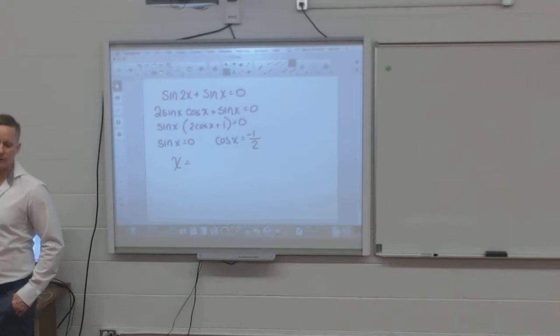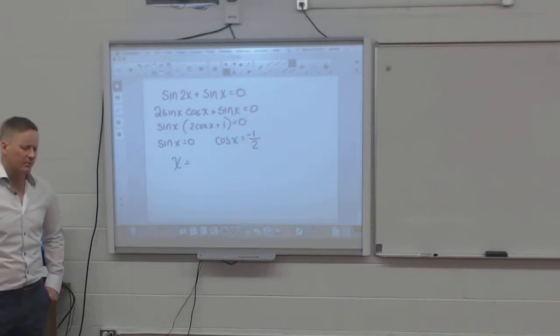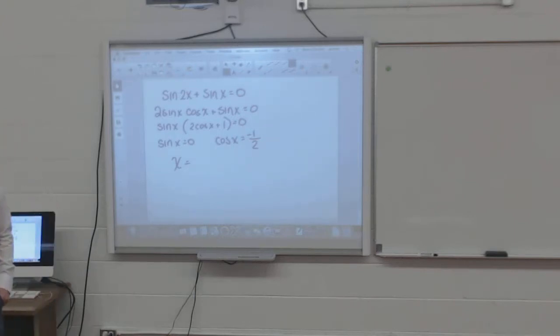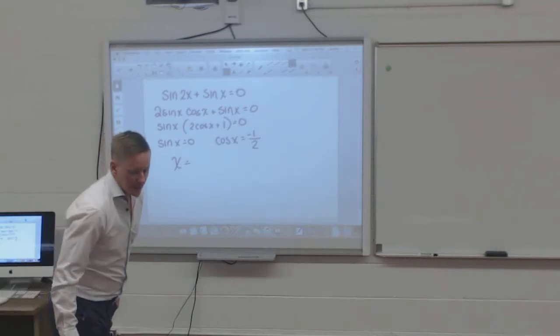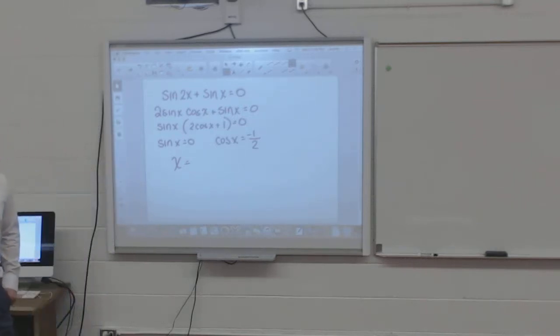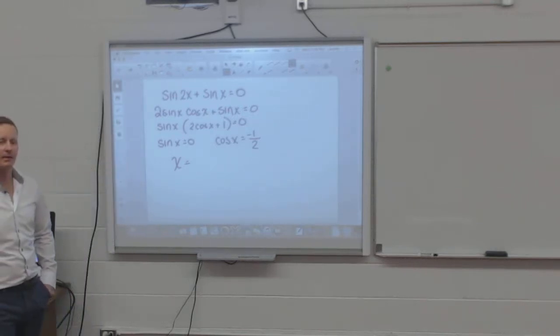Where is sine x equal to 0? And what's my domain? Radians or degrees? Radians. So where does sine x equal 0? Where? 2 pi. 2 pi? Okay, just have a look at that domain there. What's the problem with 2 pi? Where's the domain? Working example 1.